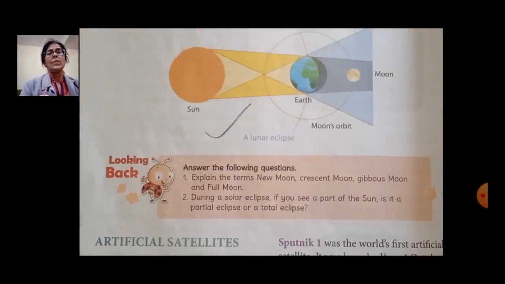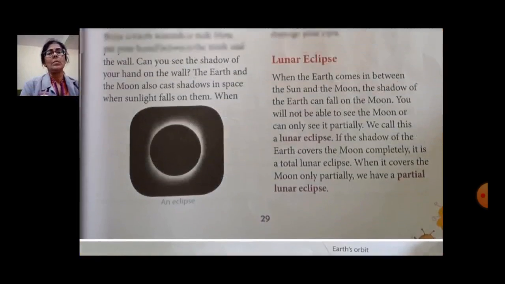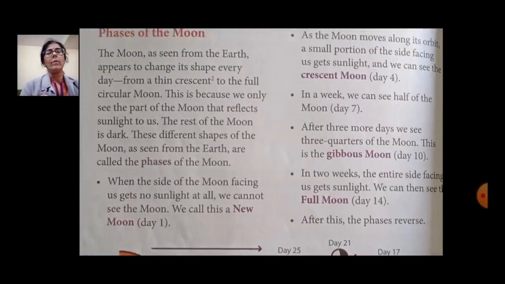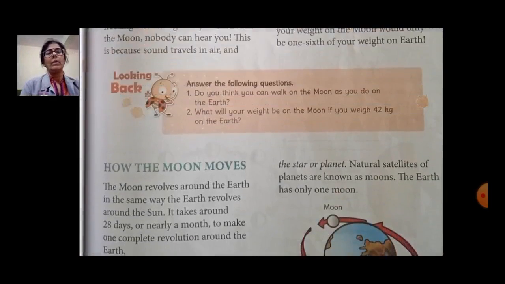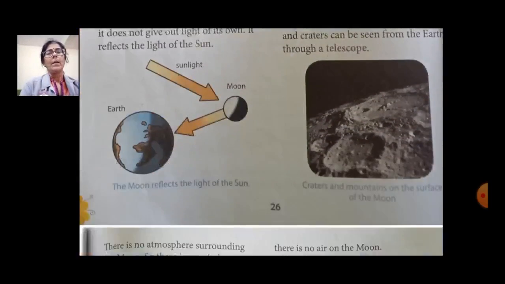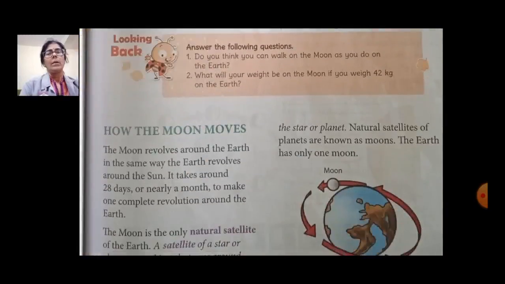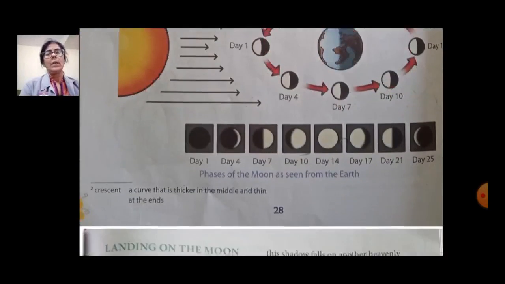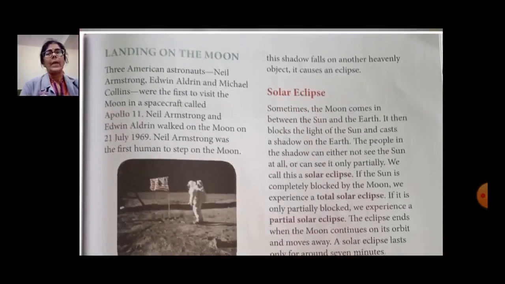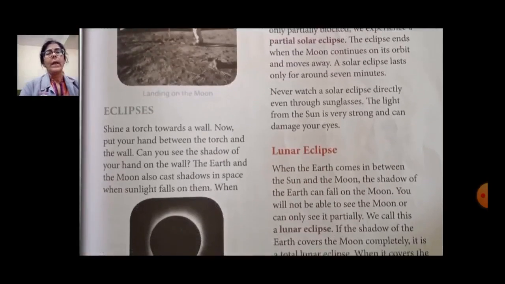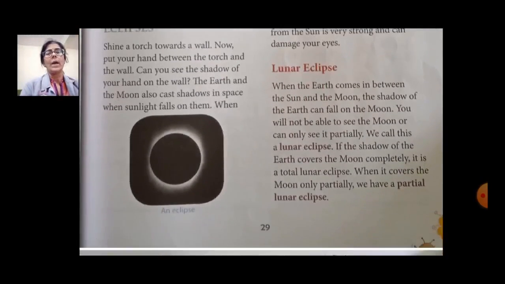Then the phases of the Moon, how the Moon looks, how it revolves, and how it changes shapes. Then who first stepped on the Moon? Then eclipses, lunar and solar eclipse.